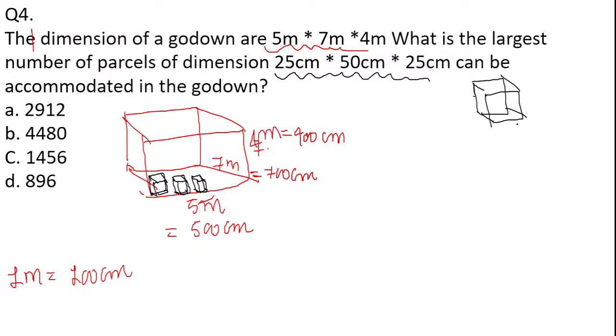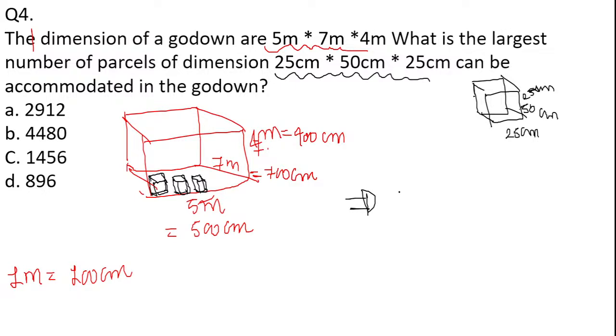That is 25 centimeter, 50 centimeter and again 25 centimeter. So here what we have to do: how many parcels can actually be added in this godown?